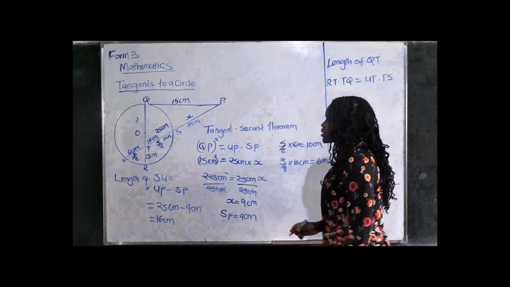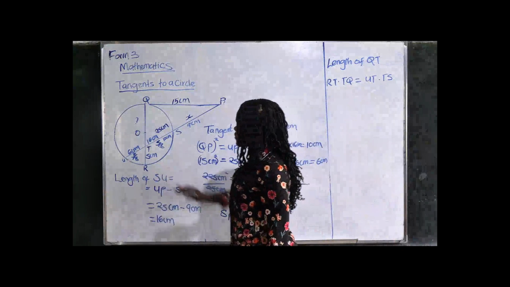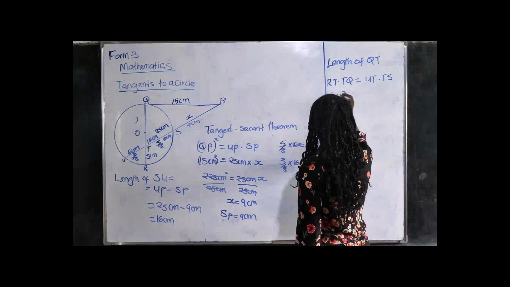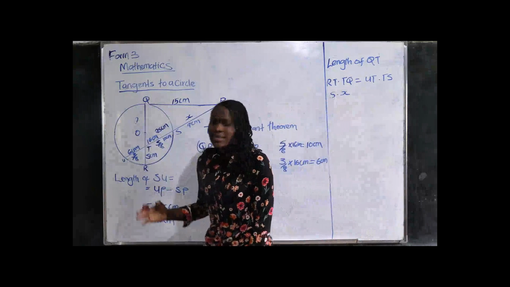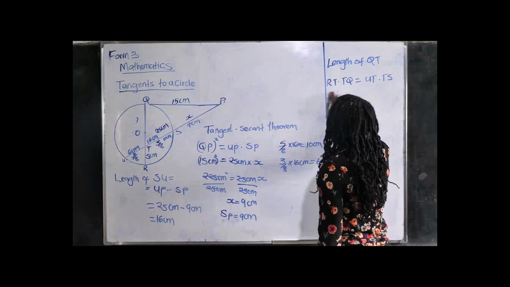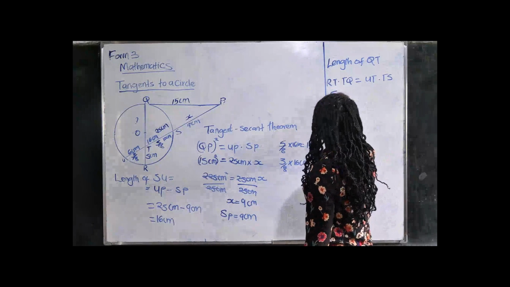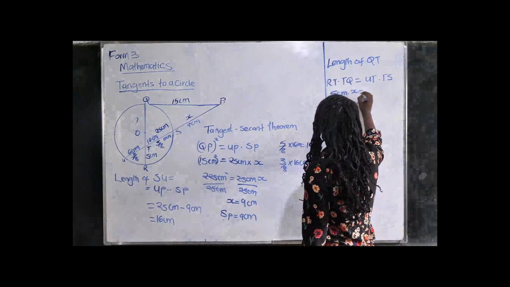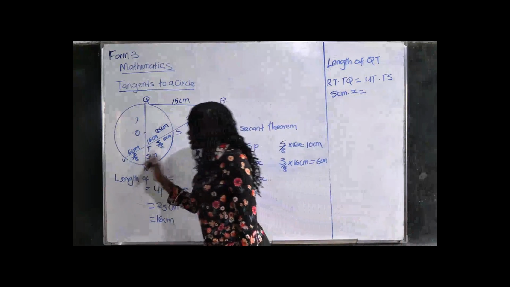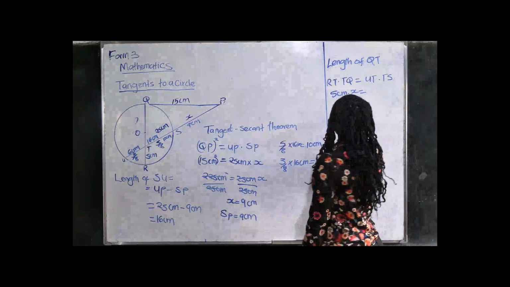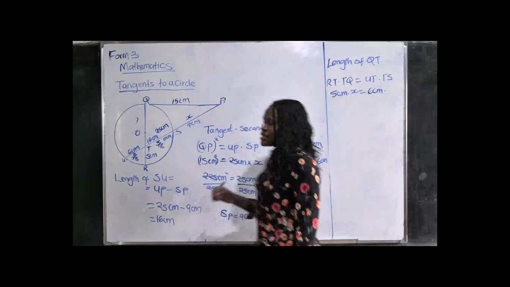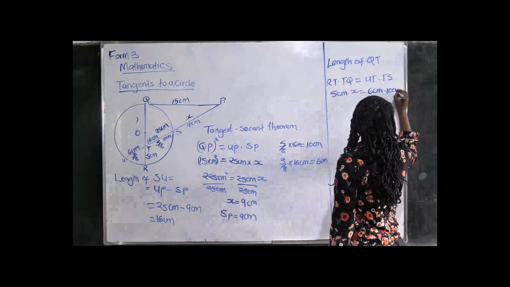That will give us 5, that is RT, 5 centimeter times X, the part that we have been asked, that is QT, is equal to UT, which is 6 centimeter, times TS, which is 10 centimeter.